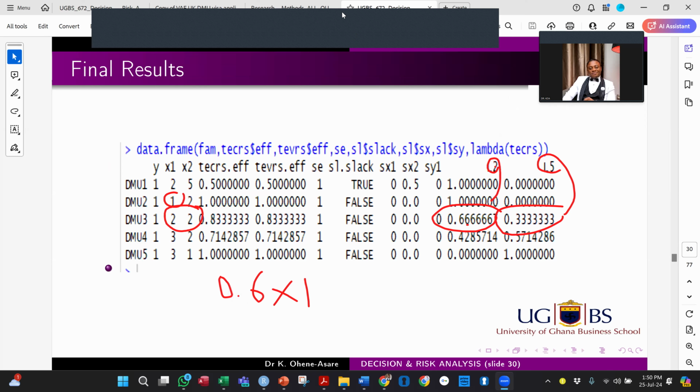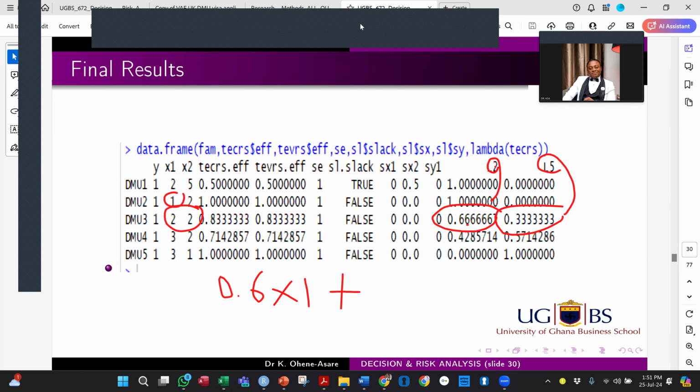So you take that of DMU2, plus you take the 0.333 and multiply by the input of DMU5, which is 3. Whatever you get will be the input 1 target for DMU3.